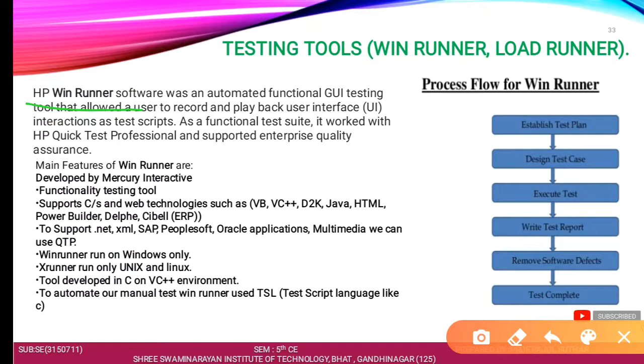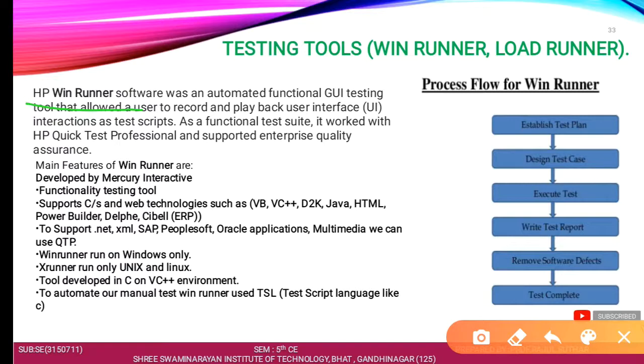So these are the supported technologies. It also supports .NET as well as XML, SAP, PeopleSoft, Oracle applications, and multimedia; we can use QTP for that. WinRunner runs on Windows only. So this is the limitation. WinRunner runs on Windows only, while XRunner runs on Unix as well as Linux.